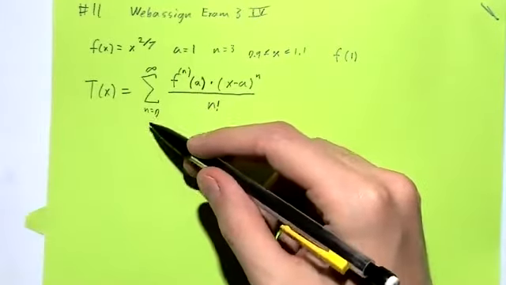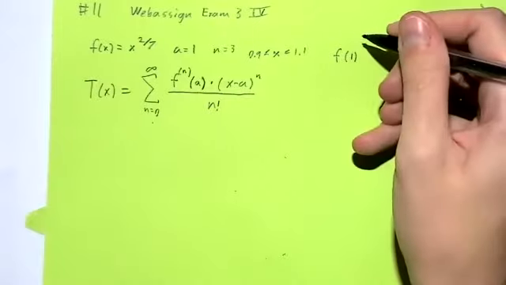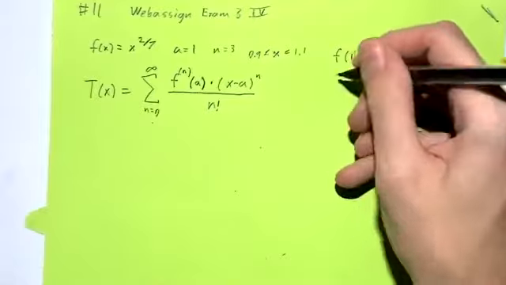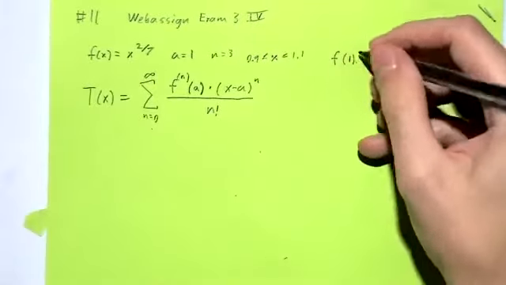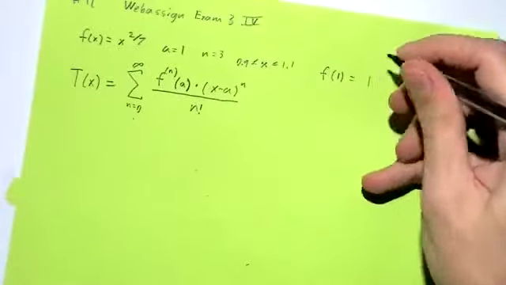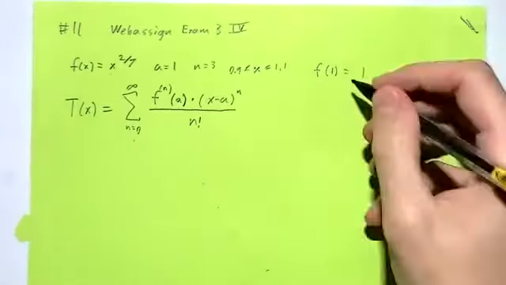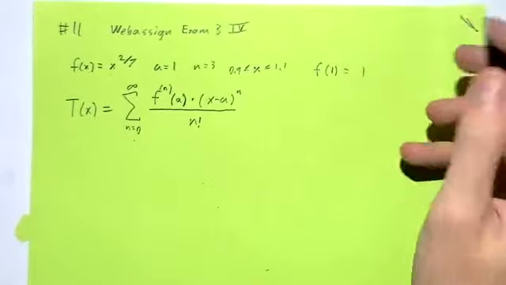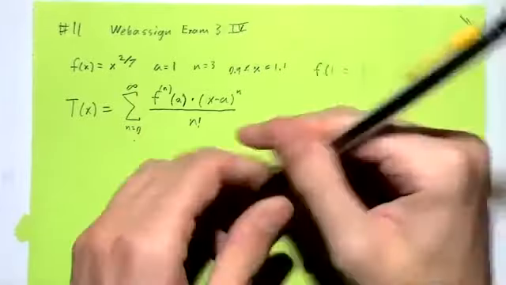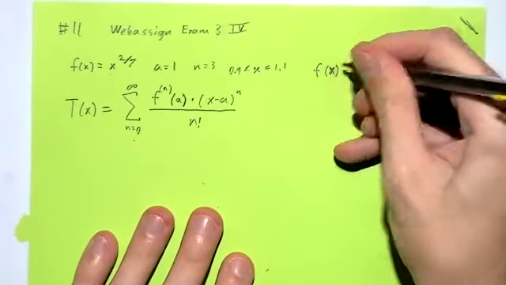So since we have n equals 0, we have to start at f of 0, which is just the function itself. So we would just plug 1 into here. We get 1. And you'll find that it's going to be quite similar. I guess it's always good to start with just writing out all of the equations so that we don't have to go back and forth.